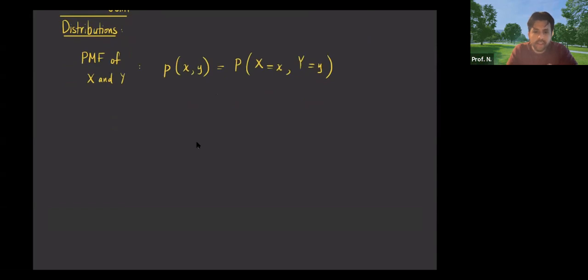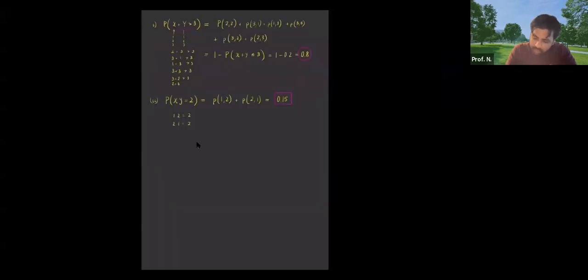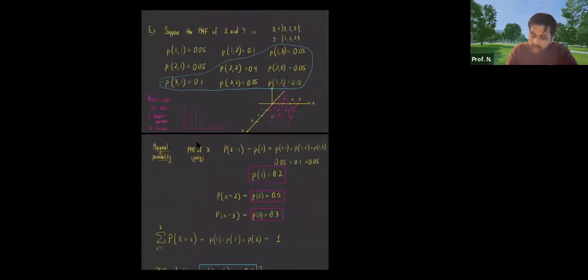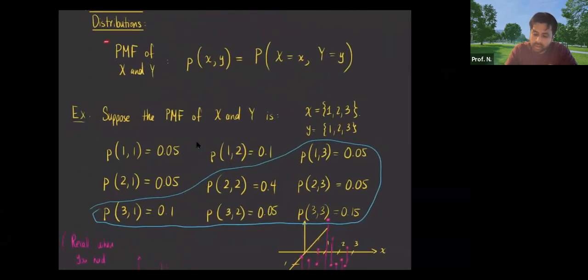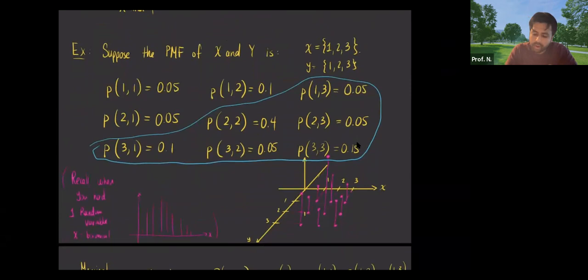The idea now was to understand this, so let me just go back to that lecture. We discussed the probability of X and Y being jointly connected. We had an example where the probability mass function for X and Y was explicitly shown, such as this. So the probability of 1, 1 happening is 0.05, and so on.